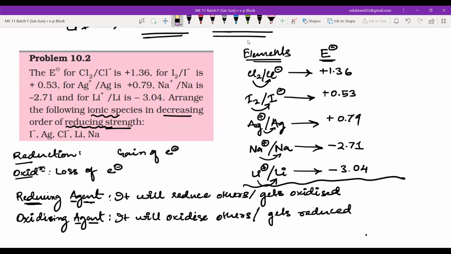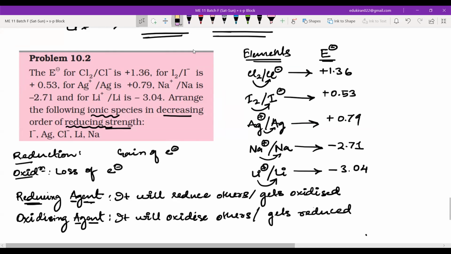So all of these are reduction reactions, and E naught is giving me some idea about the reducing property, or the reducing strength, or reducing power.